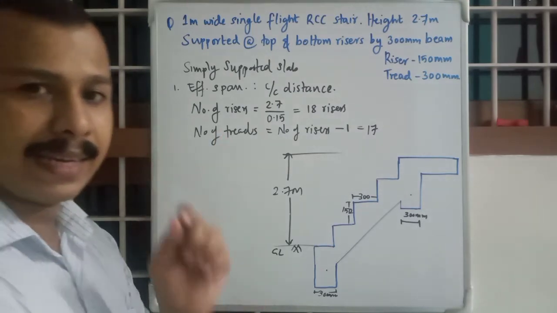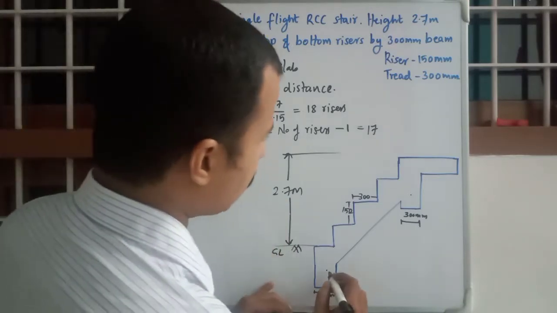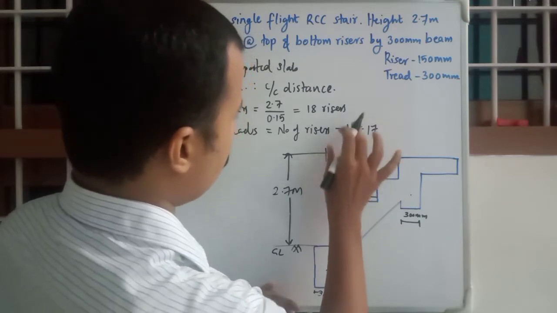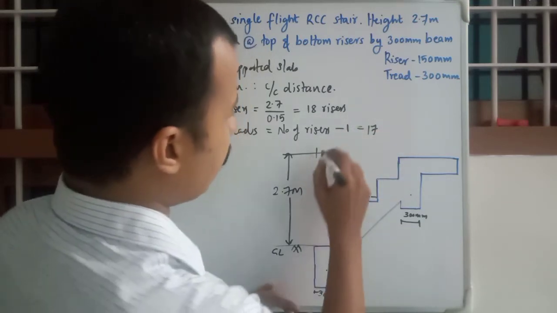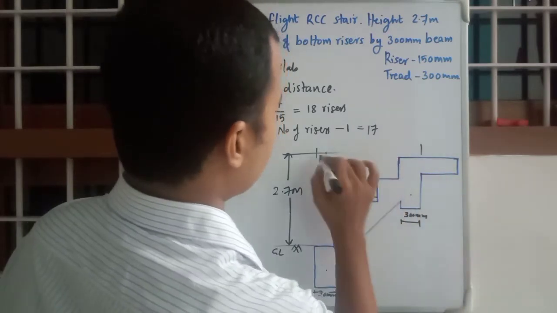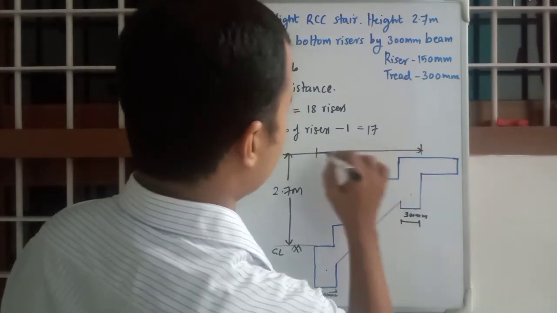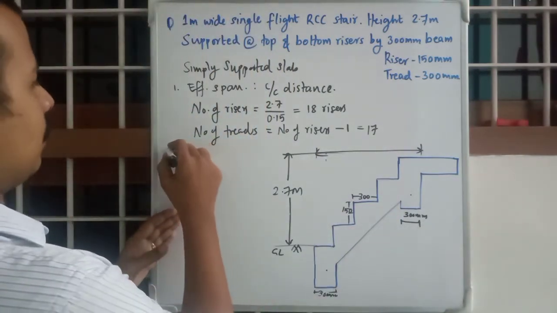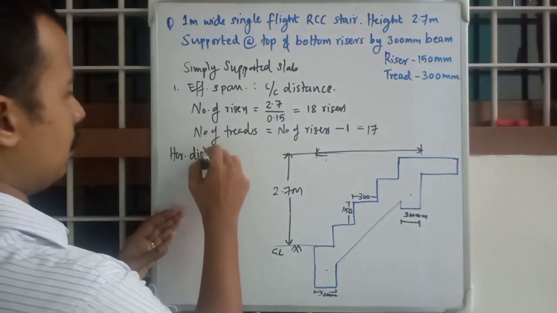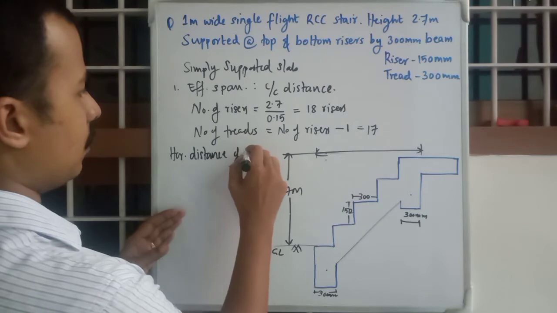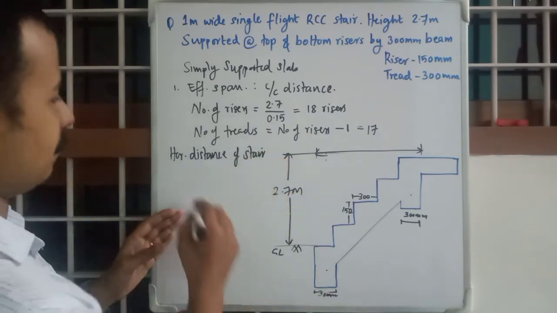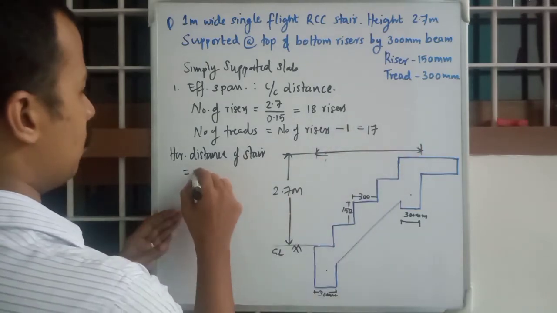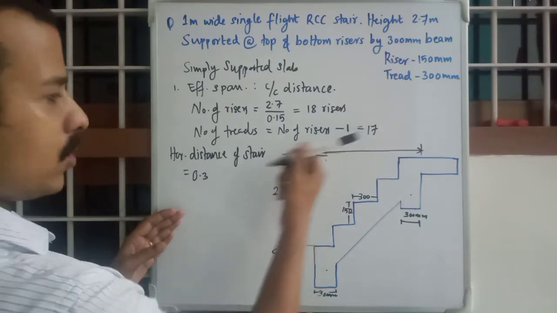Now we have the number of threads. We want to get the horizontal distance, from this end to this particular end. How can you calculate that? We will calculate the horizontal distance of the stair or flight. You know the dimension of thread: a single thread is 0.3 meter, and how many threads?